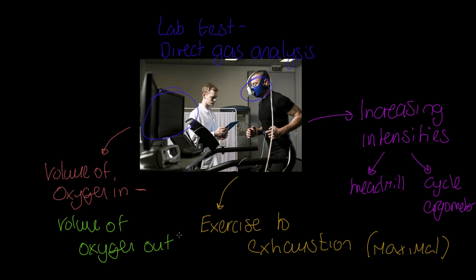About 16% of expired air, the breath out, is still oxygen. It's not the 20+% that we get in, but of course whatever the difference of those two is, is the oxygen that's been consumed by the body. Now of course if we can measure that at the specific moment of exhaustion, for example, we are able to measure directly VO2 max, the volume of oxygen consumed at maximal levels of exercise. And of course that is what we're interested in doing here.